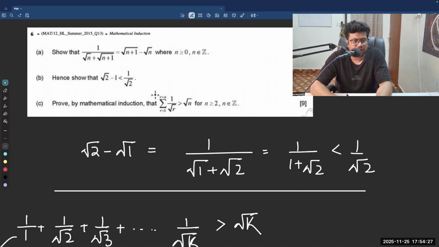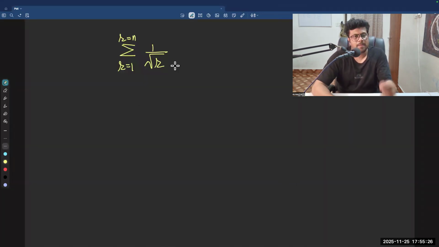Well, first you want to understand what this means. So I'm going to take a blank page and expand this for you to understand what this actually means. If you have summation, that's what you read. That's known as the sigma function. You read it as summation of 1 by root r, starting from r equal to 1 to n. What is that?